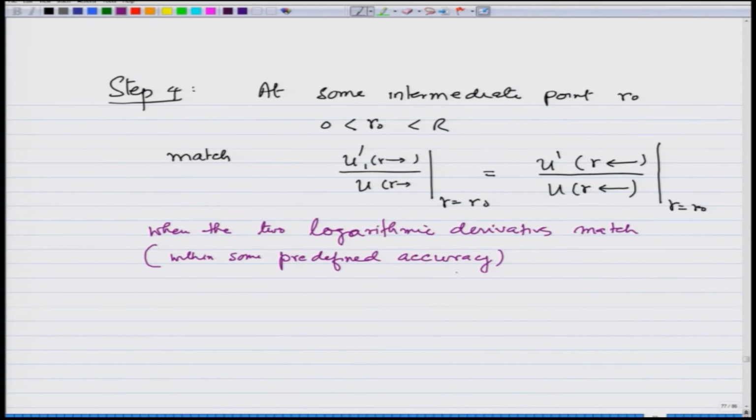You can say they match within 10 raised to minus 4, 10 raised to minus 3, or so on, for certain E. That E is the eigenenergy. So, you found your eigenenergy, then you rescale and again normalize the wave function and all that.